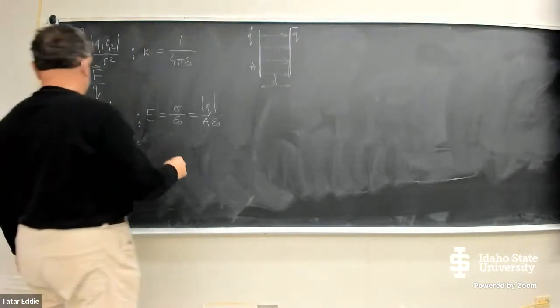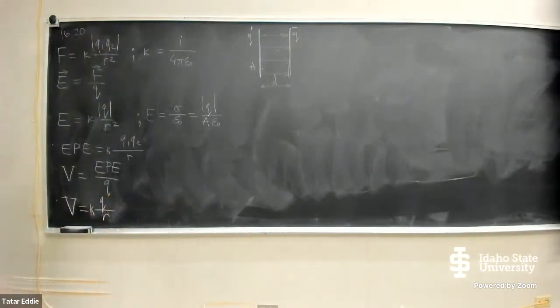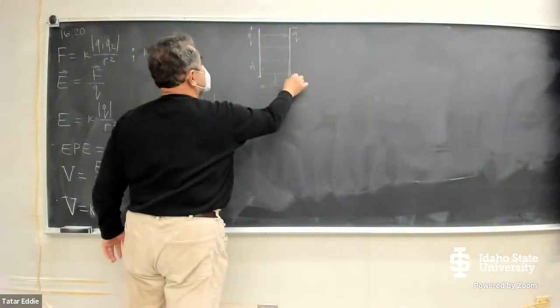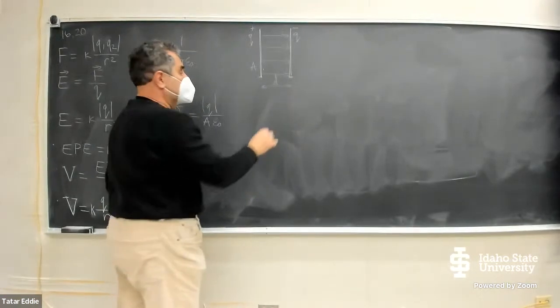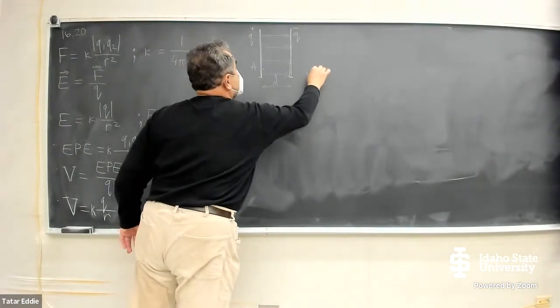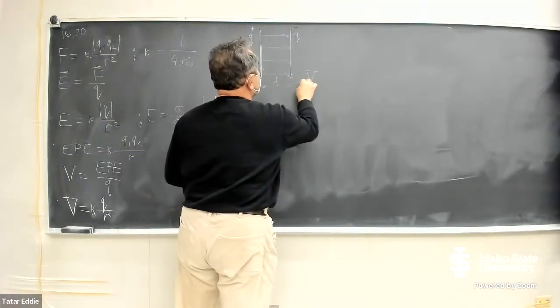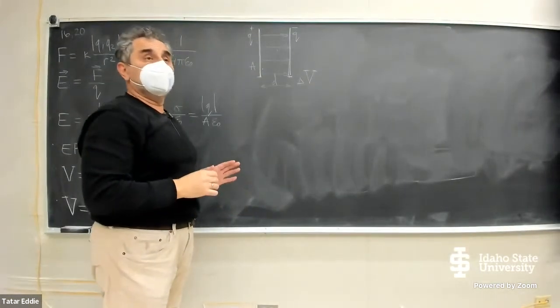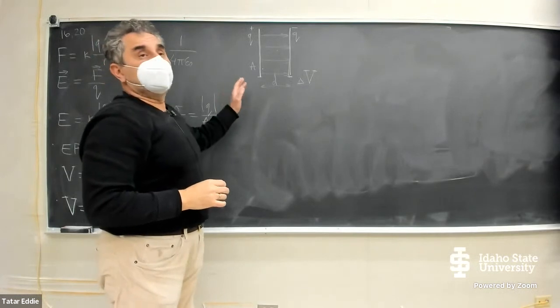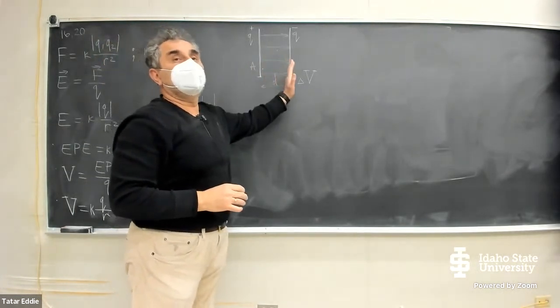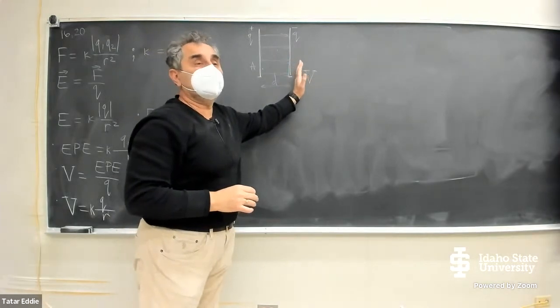Now let's call the voltage difference, the potential difference between this plate and this plate, potential difference V. Sometimes we use the notation delta V, the difference between the potential at the left plate minus the right plate.